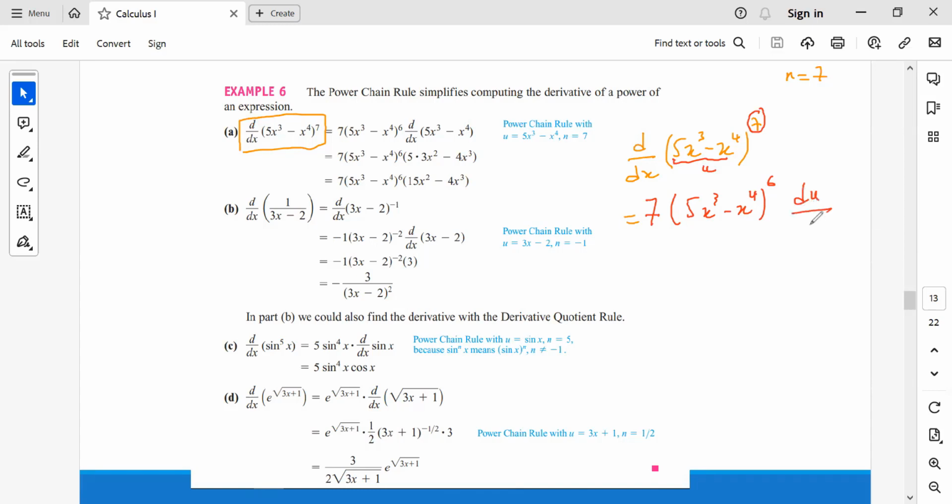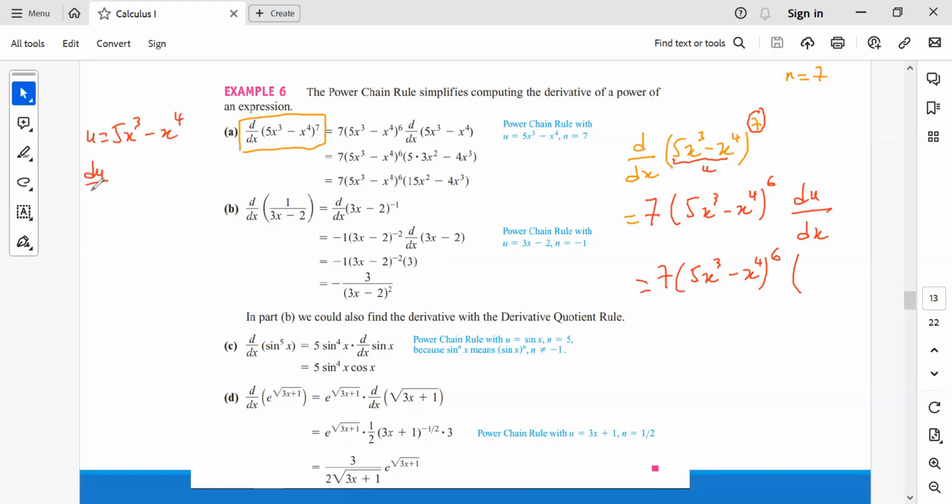We call this u. What is the derivative of u with respect to x? Let's come here: 5x cubed minus x to the fourth.